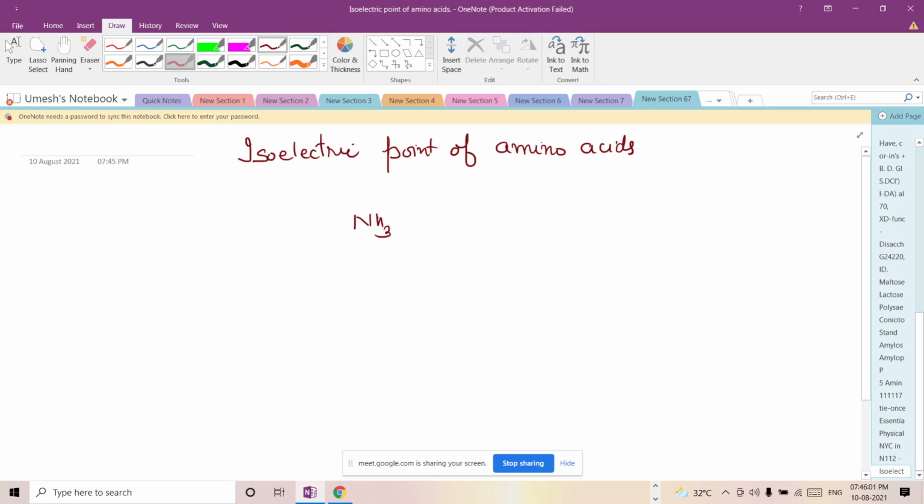First of all, I'm drawing the structure of the amino acid in the form of its zwitterion. So in this zwitterion, if we add H positive, NH3, CHR, COOH, and then go to the basic medium, this H will be attacked.